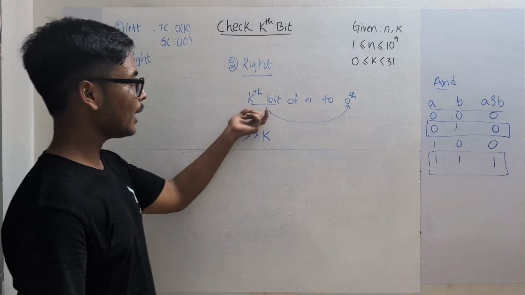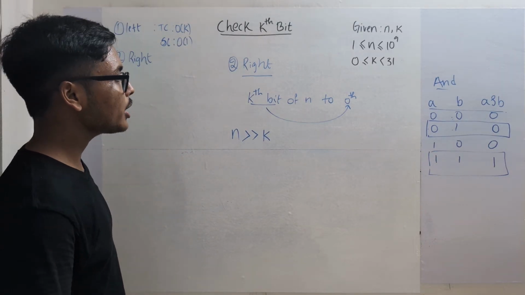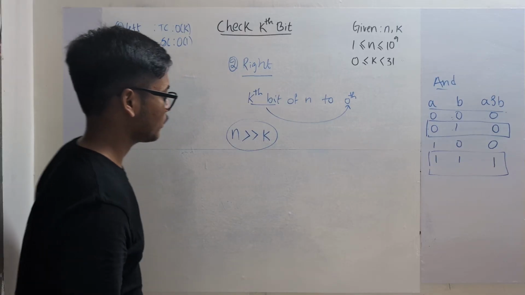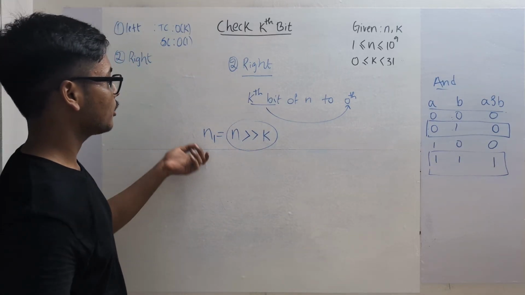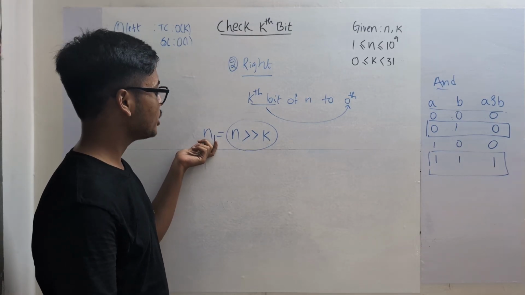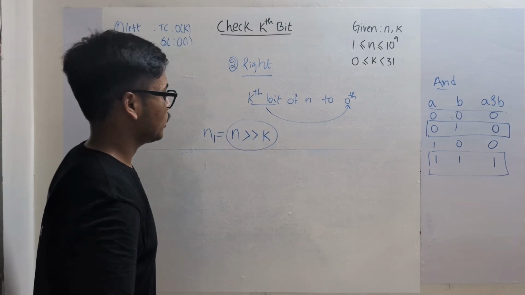This brings the kth bit of n to its 0th bit position. Now we have to check whether the 0th bit of this modified number n, let us keep it as n1, is set or not, which indirectly means whether the kth bit of n is set or not.